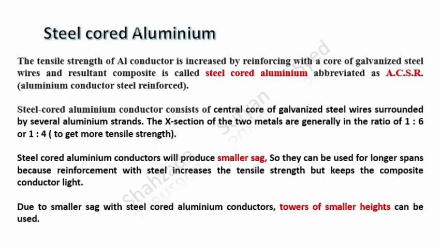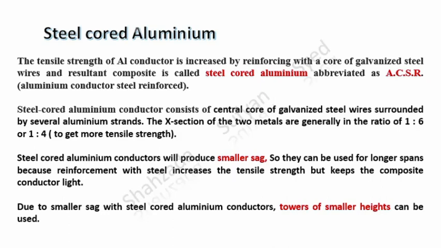Steel cored aluminium conductors produce smaller sag because they have better tensile strength, and they can be used for longer spans because of this reinforcement with the steel, and this reinforcement increases the tensile strength but keeps the composite conductor light.